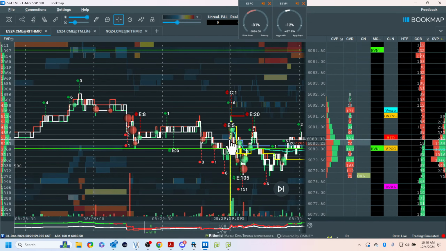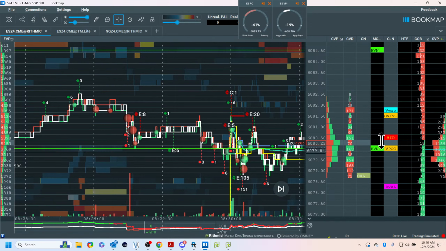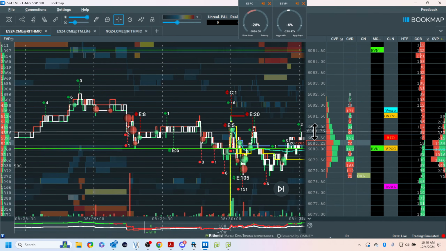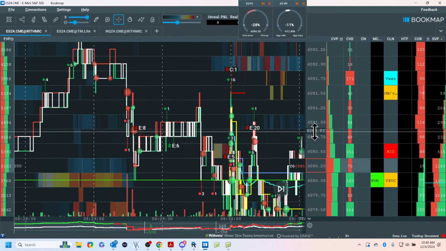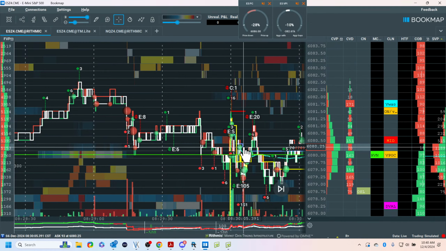So we get our open. Now, let's look at some of these levels. ETH, volume point of control. We have a high probability of testing that. What does it represent? Well, first of all, it's almost an 80% probability of going there. And if we open, and the open should be probably covered up, I think. Guys, RTH open, can you give me that price?